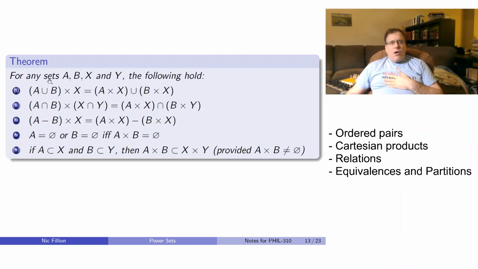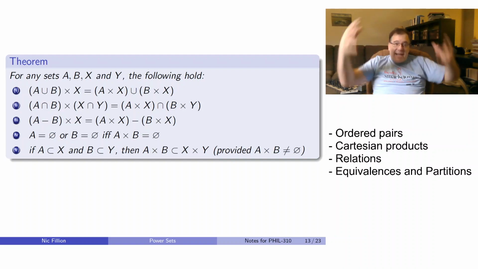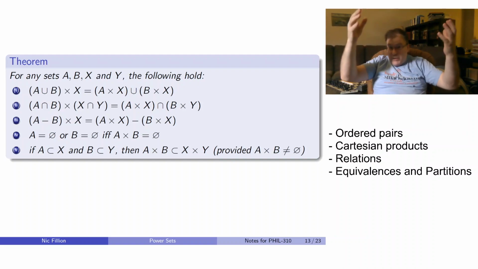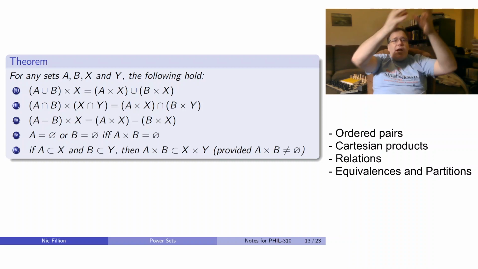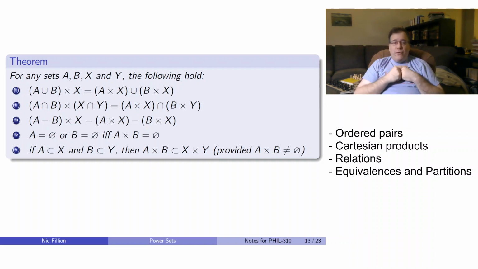If you take all the ordered pairs whose first member are in the set A union B, and the second member is in X, that's the same as if you form all the ordered pairs whose first member is in A and second in X, and then take that and add to them, forming the union, all the ordered pairs whose first member is in B and second member is in X. You have to prove that in this week's homework assignment.